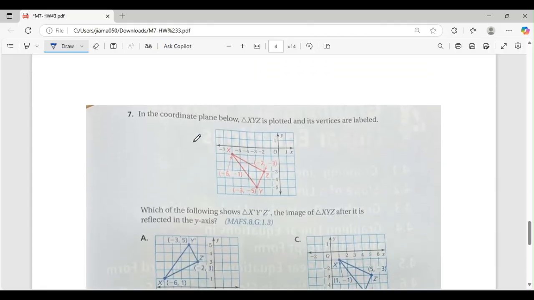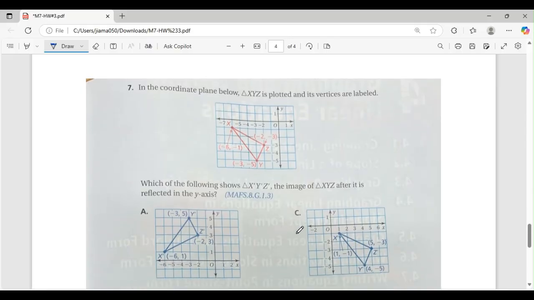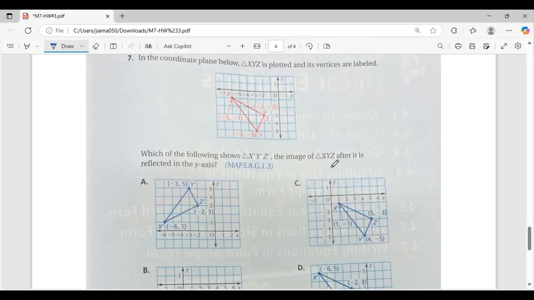Let's see. Number 7. In the coordinate plane below, triangle XYZ is plotted and its vertices are labeled. Which of the following shows the image of this triangle after it is reflected in the y-axis?